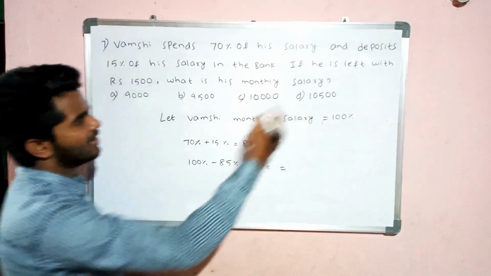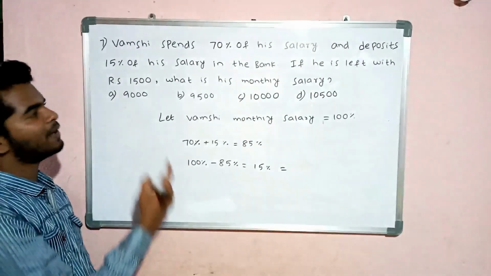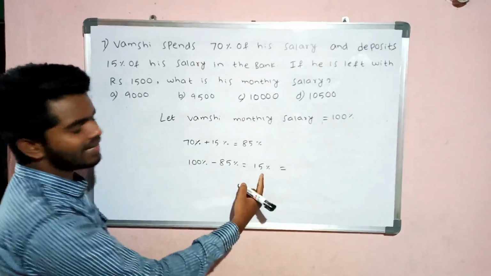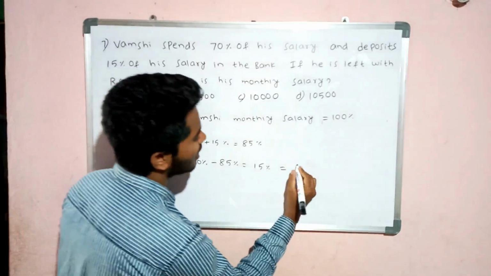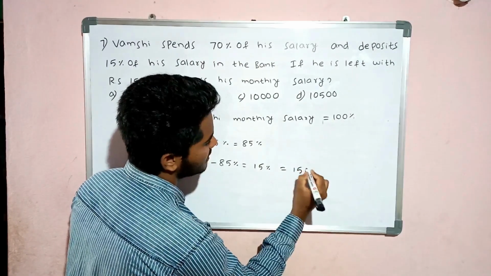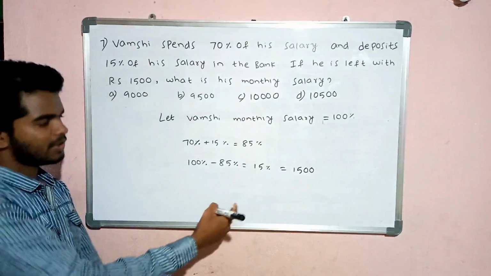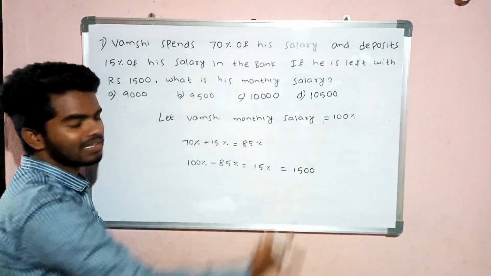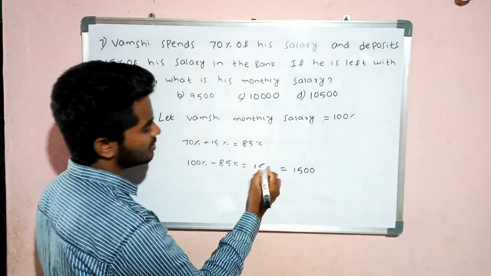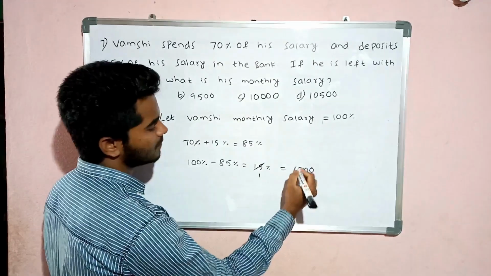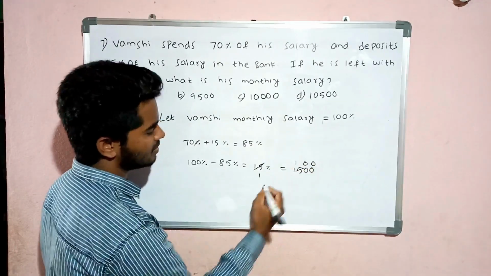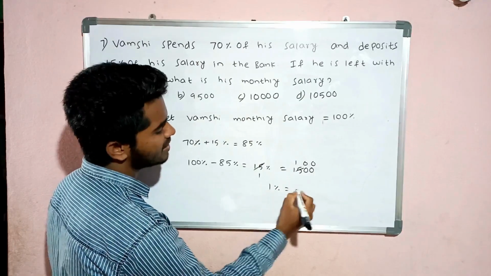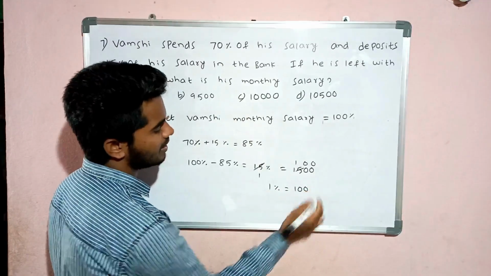15% equals, he is left with 1500 rupees. So the remaining percent equals the remaining amount, 1500 rupees. 15 one time, 2 zeros, 2 zeros: 1% equals 100.